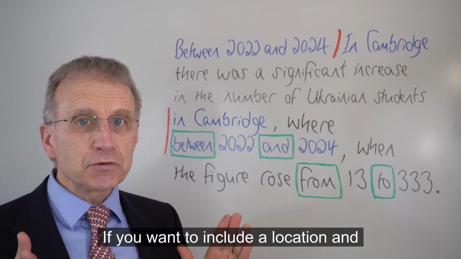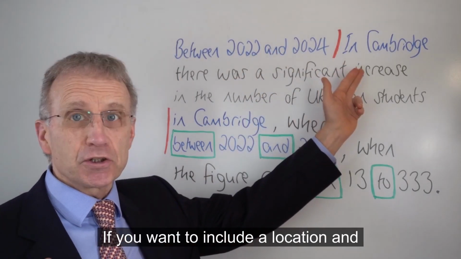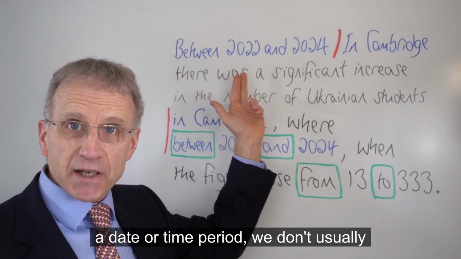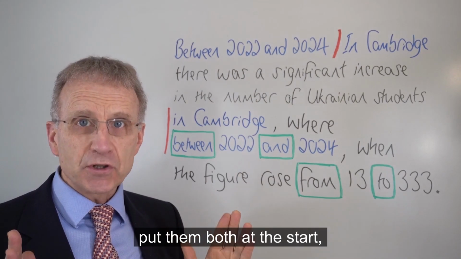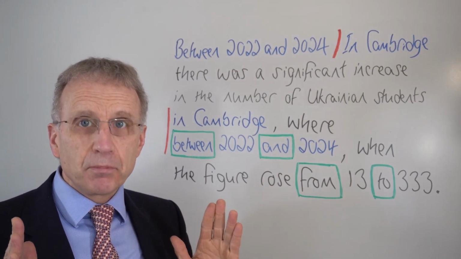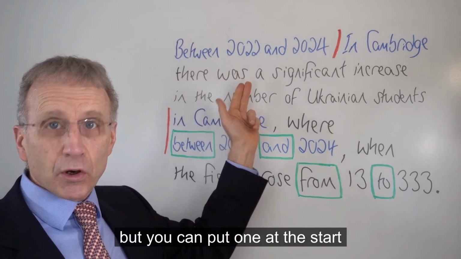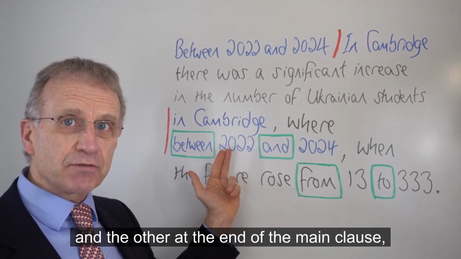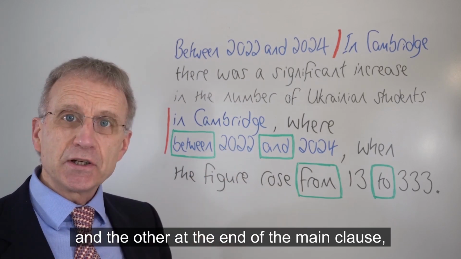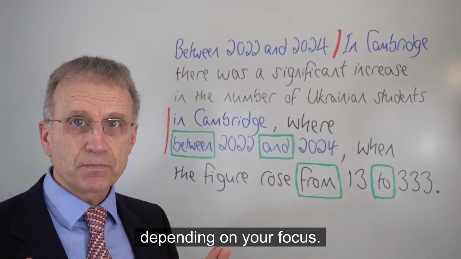If you want to include a location and a date or time period, we don't usually put them both at the start, but you can put one at the start and the other at the end of the main clause, depending on your focus.